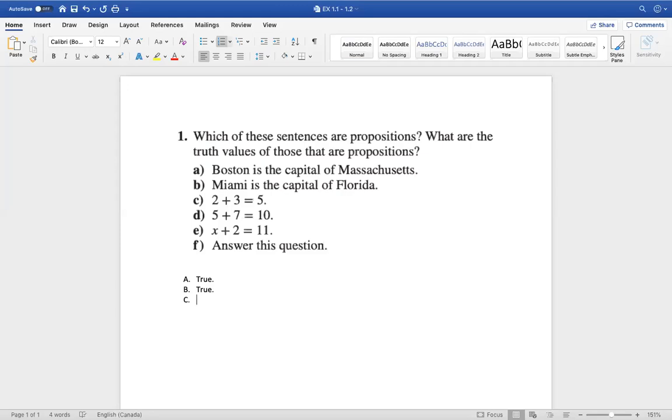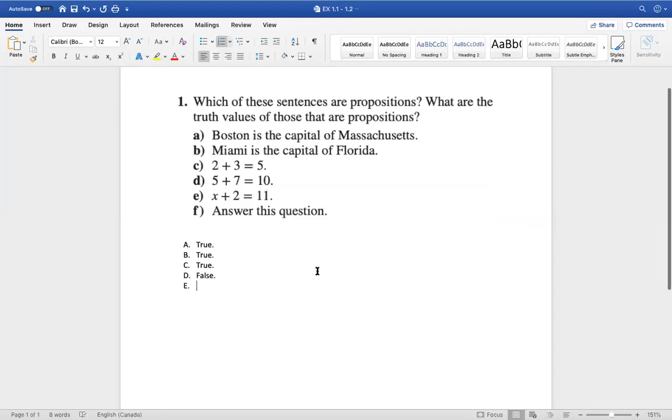We know that this is a true statement, so it is a proposition. It has to be one value, either true or false. In this case, it's true. The same thing for the D statement, because it has to be either false or true. In this case, it's false because we know 5 plus 7 is not equal to 10. So this is a false statement, but it is a proposition because it's either true or false.